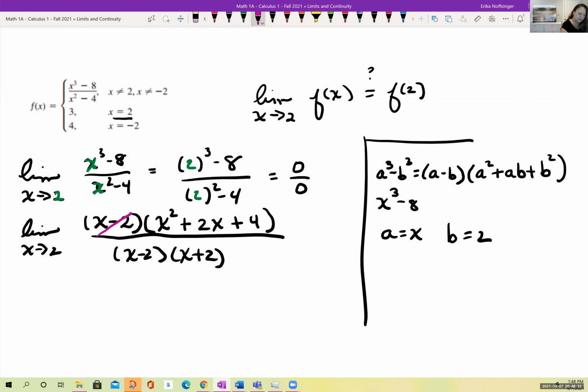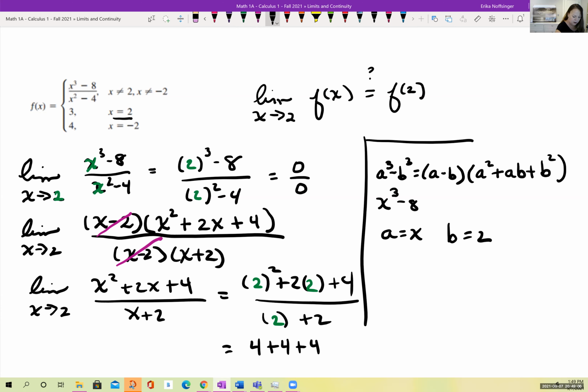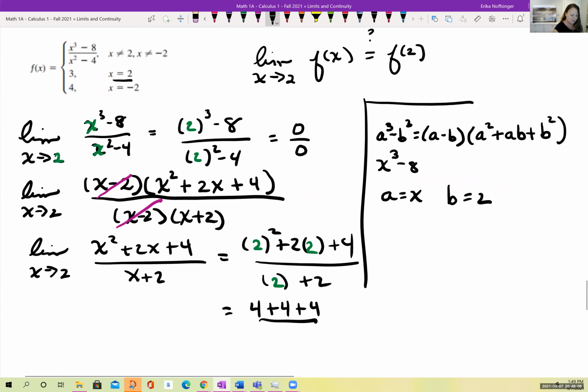Notice our factors of x minus 2 cancel. And so now when I look at the limit here, I can just do my direct substitution again, and hopefully I don't get that indeterminate form anymore. So plugging in 2 wherever I see an x after simplifying, I get 2 squared, that gives me 4, plus 2 times 2 is 4, plus 4, all over 2 plus 2, which is 4.